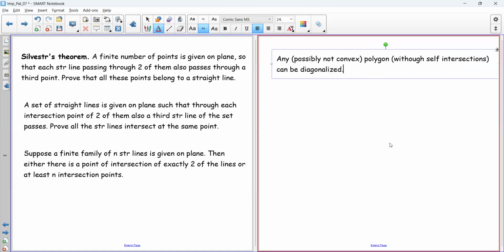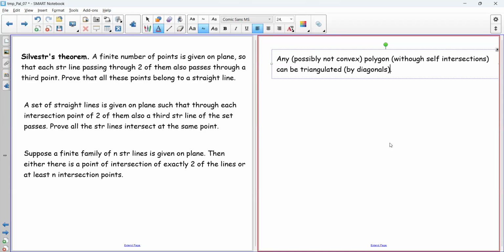So divided by diagonals. It could be triangulated. The classical version would be triangulated by diagonals.